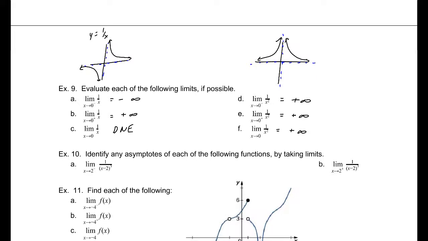Okay, identify asymptotes of these functions by taking limits. Well, as our values come from beneath 2, all of these values, x minus 2, are going to be negative values cubed. So we're going to have a very small number in our denominator, which dividing by that is going to make a very large negative number.